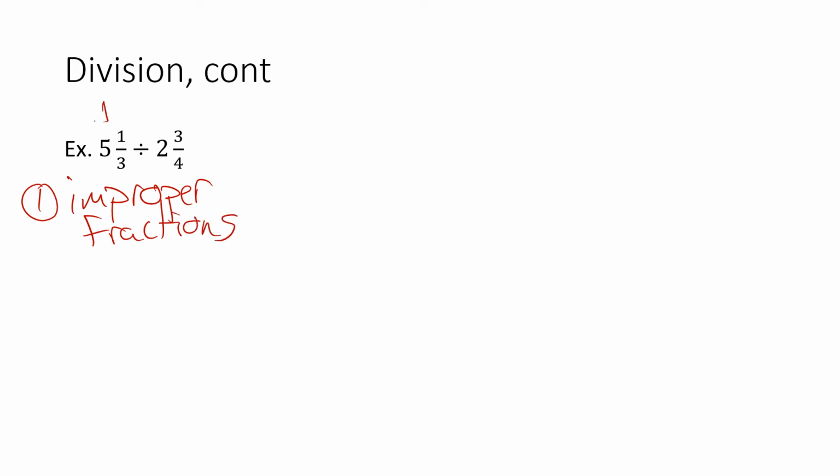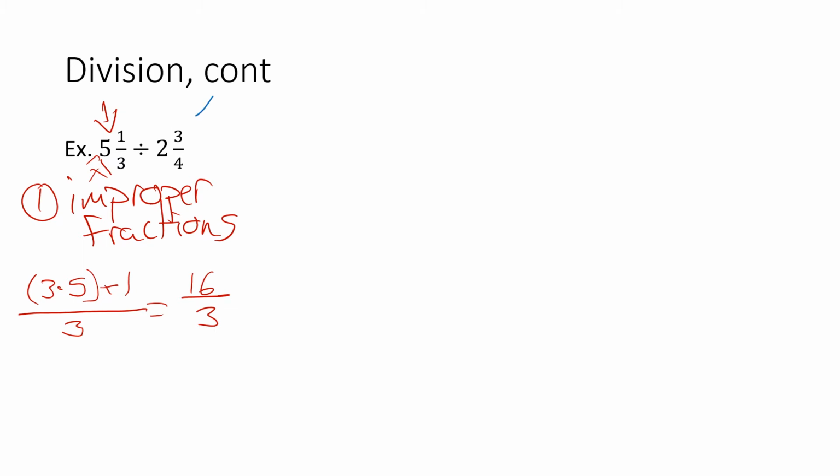So we'll start with 5 1/3. If you remember from the first fractions lecture, to go from a mixed number to an improper fraction, we do the denominator times the whole number, 3 times 5, and then add the numerator, plus 1, all over our denominator. 3 times 5 is 15, 15 plus 1 is 16, so we get 16/3.